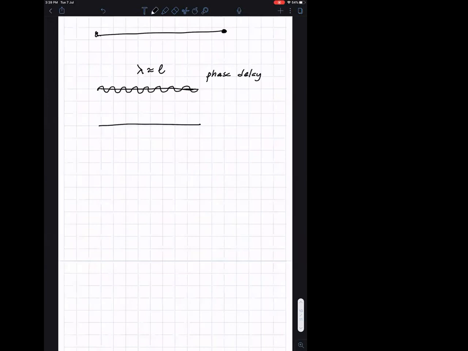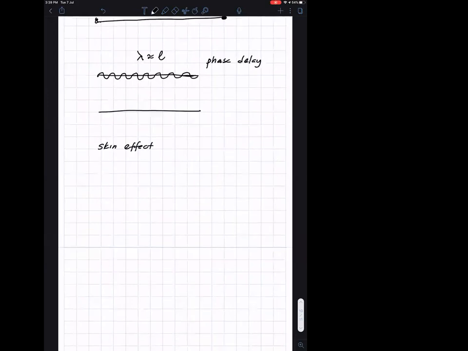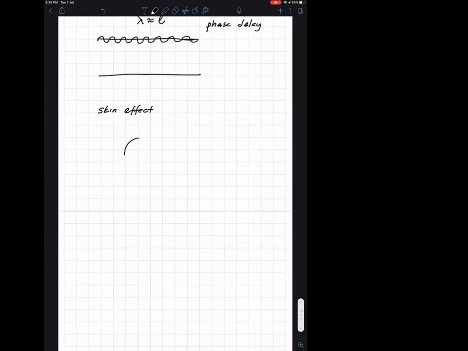Then there's another thing called skin effect. Do you guys still remember skin effect? I remember mentioning this during the signals class. The skin effect: when you have a conductor at low frequency, current is flowing through this conductor.